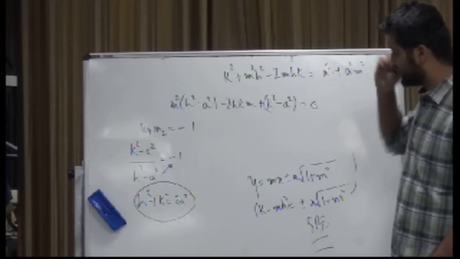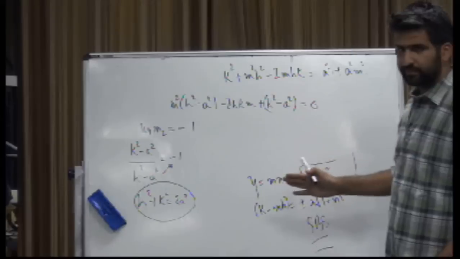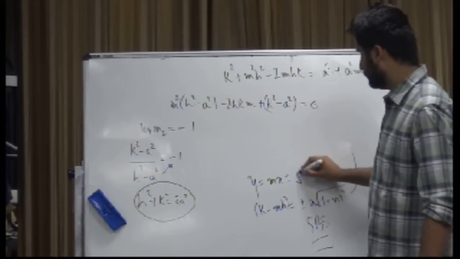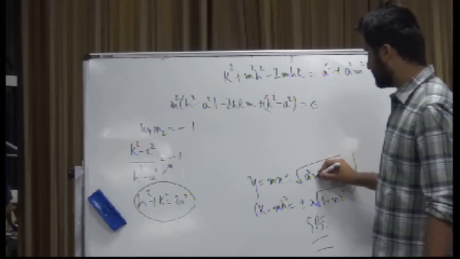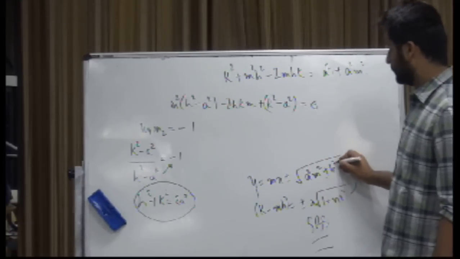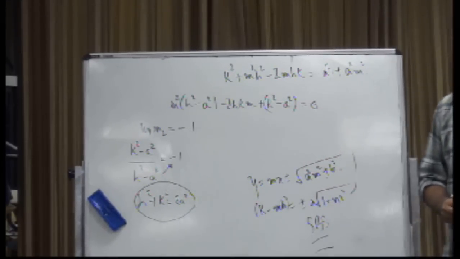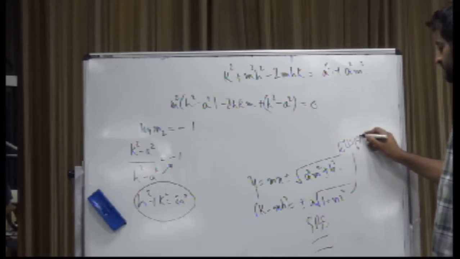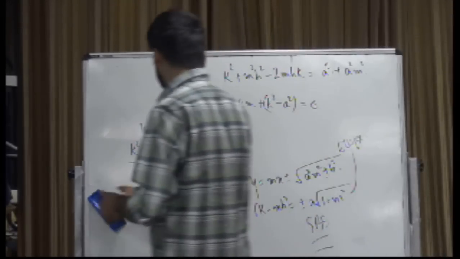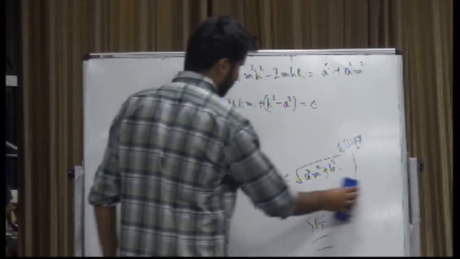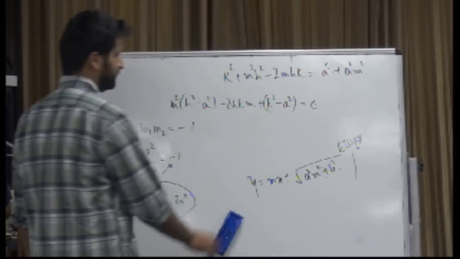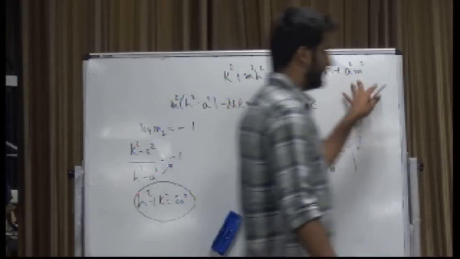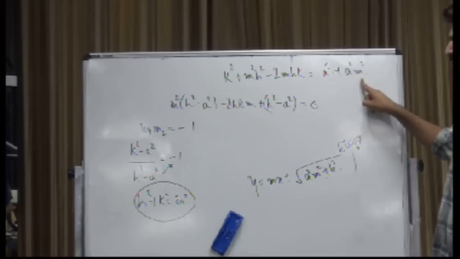Similarly, if you do the same process for the ellipse, the only difference will be you will be getting root of a square m square plus b square. In the case of ellipse, you will be getting y is equal to mx plus minus root a square m square plus b square. If you square both sides, you will get a square m square, this term will be identical.